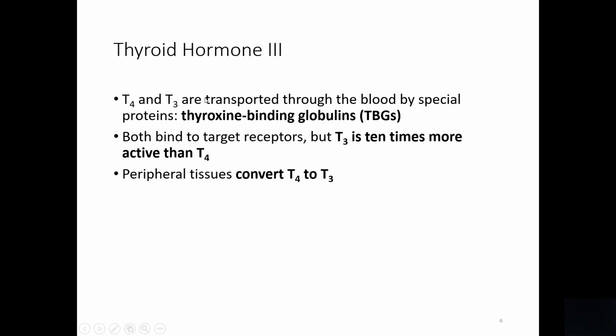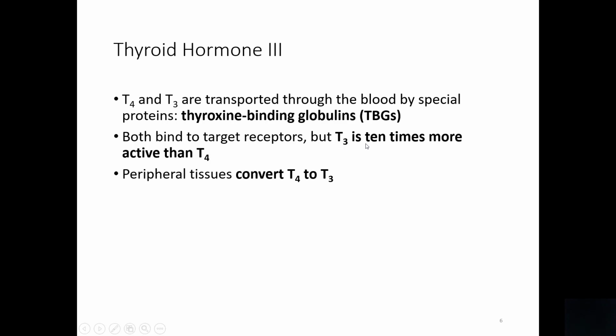When they are in the blood, they are transported through the blood by special proteins. If they were traveling alone, they would be destroyed very fast, so they need a carrier, and that carrier is called thyroxine-binding globulins, or TBGs. So both T3 and T4 bind to target cell receptors, and target cells for thyroid hormones would be most of our body cells.